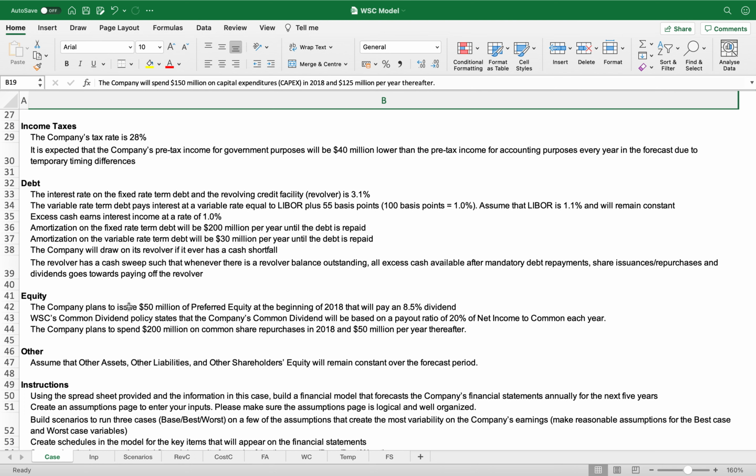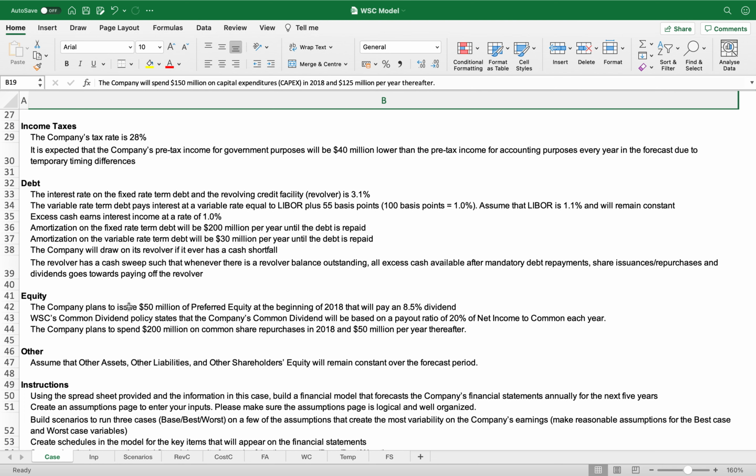Which means, now I don't know how many of you are aware or not, but there are certain items which you subtract to arrive at the net income for accounting purposes. Some of these deductions are disallowed from a taxation point of view, right?